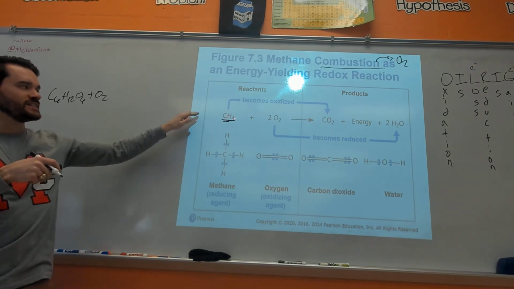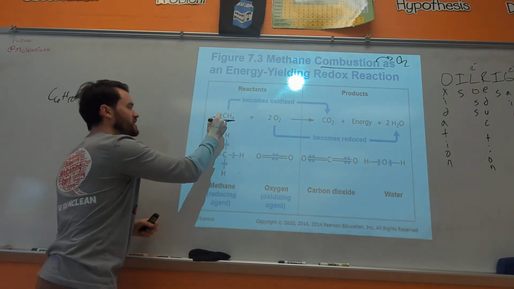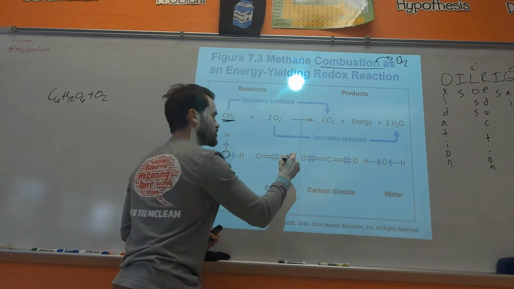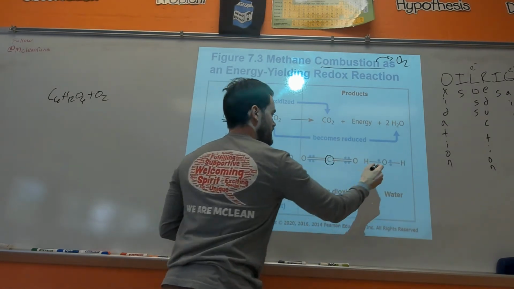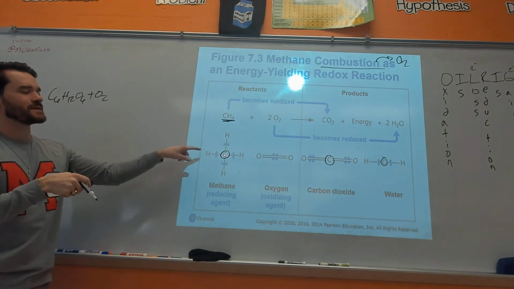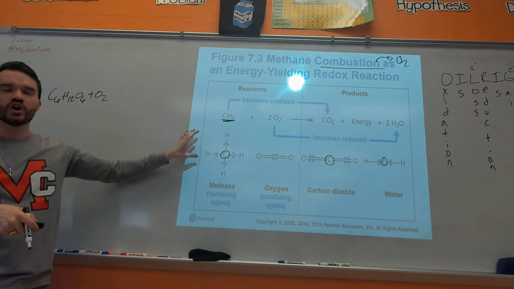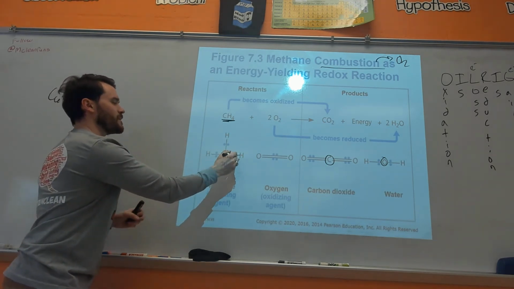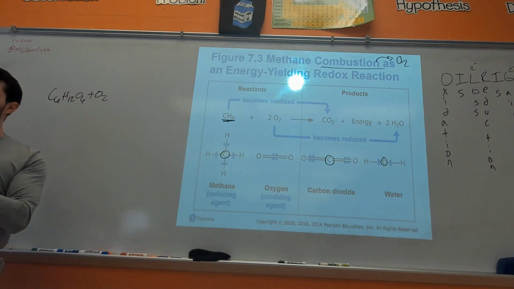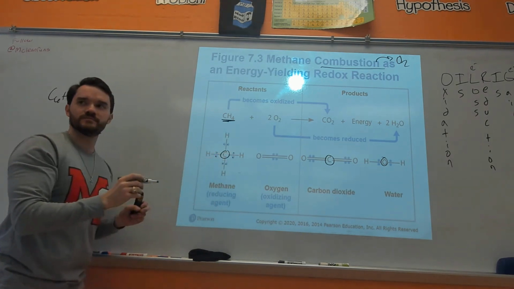When I say becomes oxidized, we're focusing on the central atom. So carbon, and oxygen. Focus on carbon here. Carbon is going to become oxidized here because if you look at methane, carbon and hydrogen have about the same electronegativity. That's why the electrons are in between.